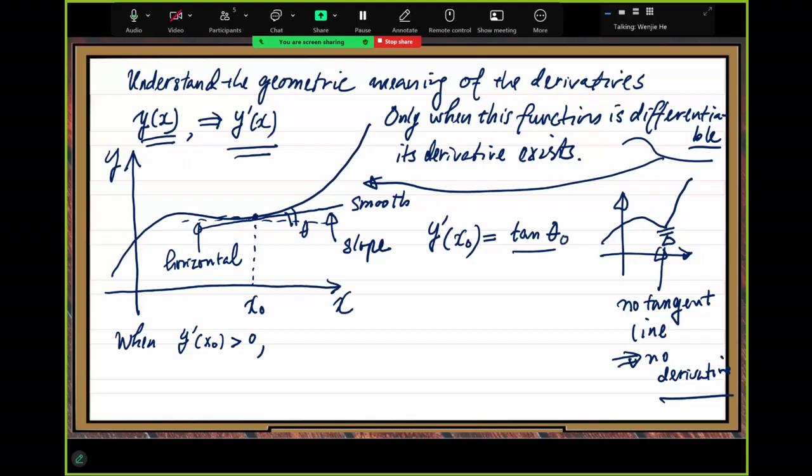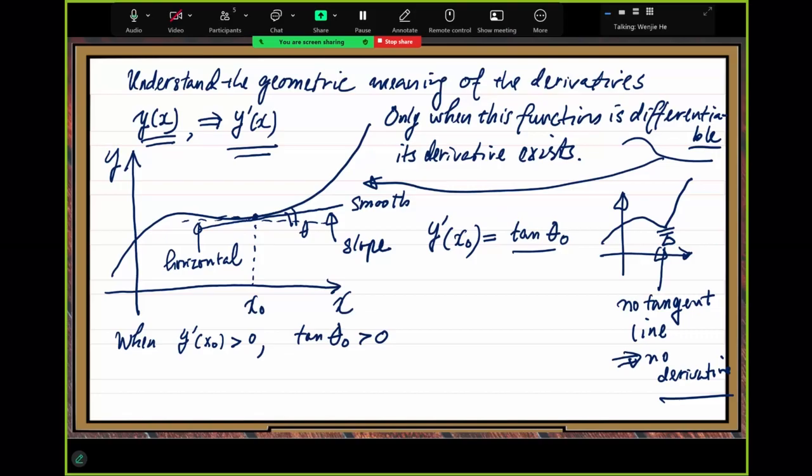Let me use theta 0, where the subscript 0 of theta corresponds to the subscript of x. Theta 0 corresponds to x0. So y prime of x0 greater than 0 means tangent of theta 0 is positive, right?